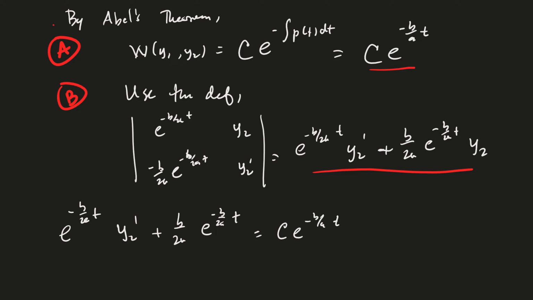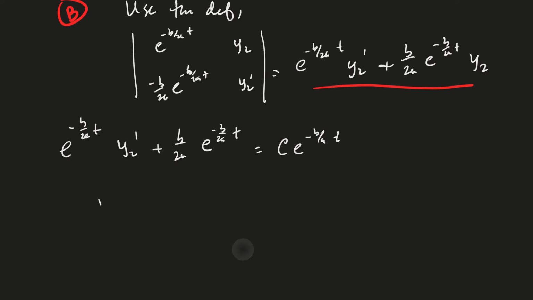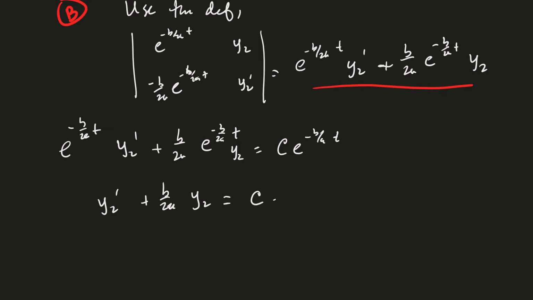So then simplifying that, you're going to end up with y2' plus b over 2a y2 is equal to c times e to the what power? So we're taking b over 2a minus b over a, right? So that's going to be minus b over 2a. Oh, 2a, sorry. And so this is going to be minus b over 2a t.